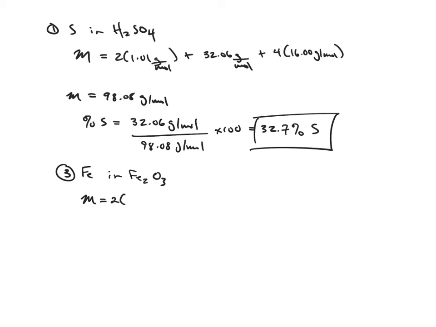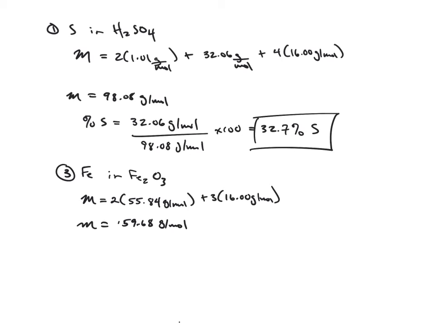Each iron is 55.84 grams per mole. Plus 3 times oxygen is 16.00 grams per mole. Okay, the molar mass of this whole thing, 2 times 55.84 plus 3 times 16. Okay, the whole thing, it's kind of heavy here, 159.68 grams per mole.